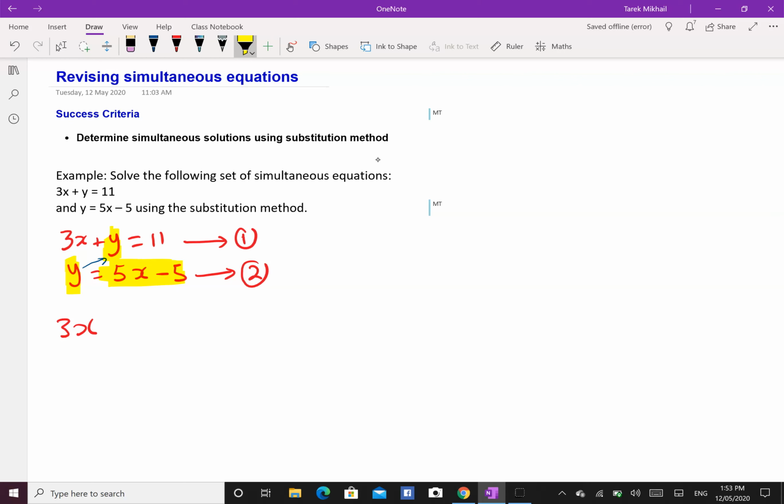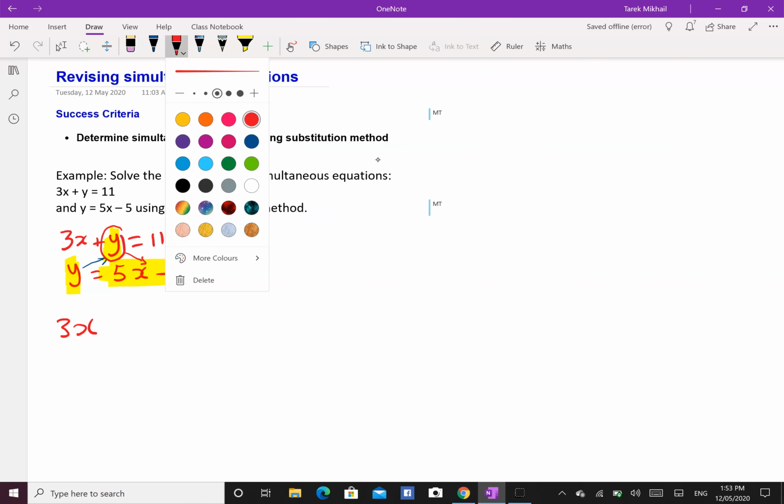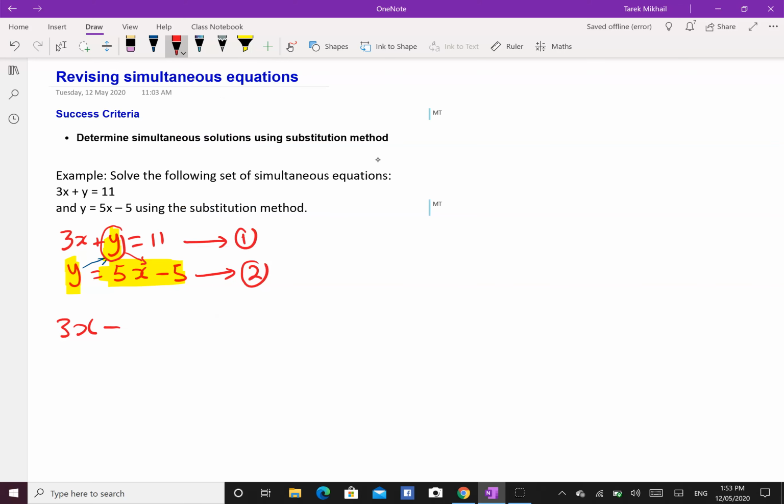So instead of y in here, I will write this value, because 5x minus 5 is y. So instead of y, I'm going to write plus 5x minus 5, and remember, this value here is y.